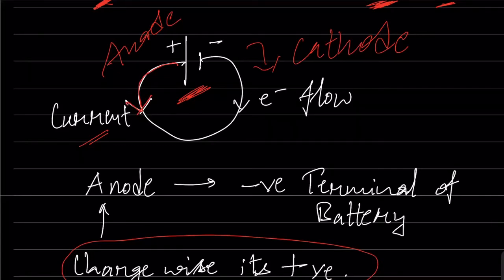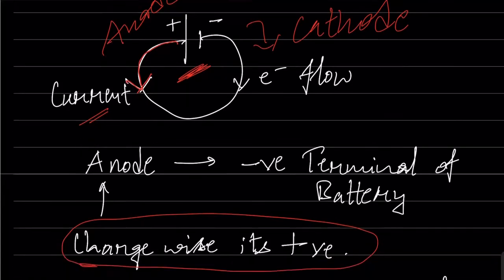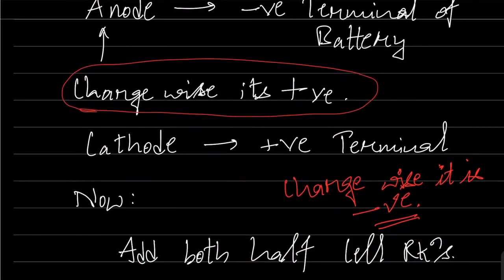So charge wise we write the anode as positive, but for the battery terminal it is negative. Okay, and the cathode charge wise is negative, but it is the positive terminal of the battery. So reduction occurs at the positive terminal. It is gaining electrons because it is positive. Okay, positive is attracting the negative charge.